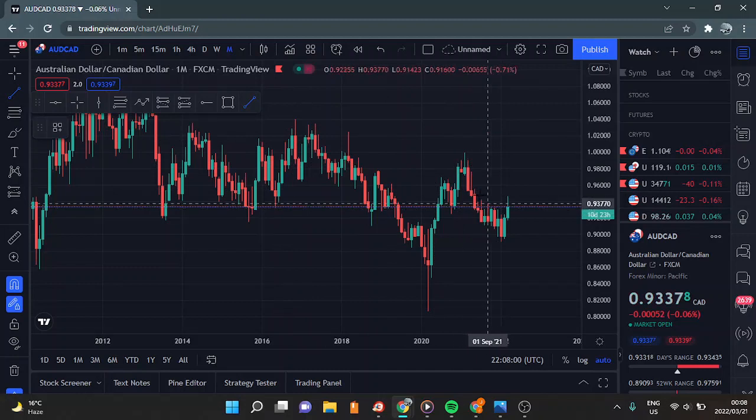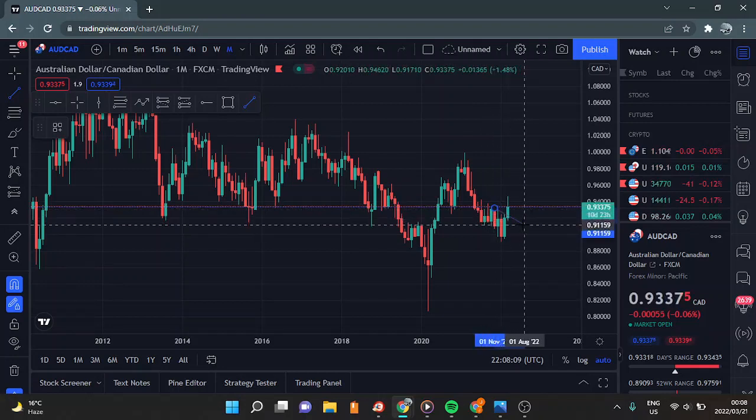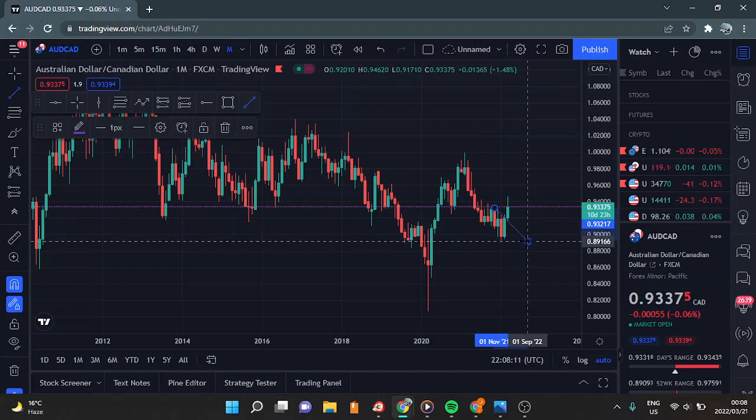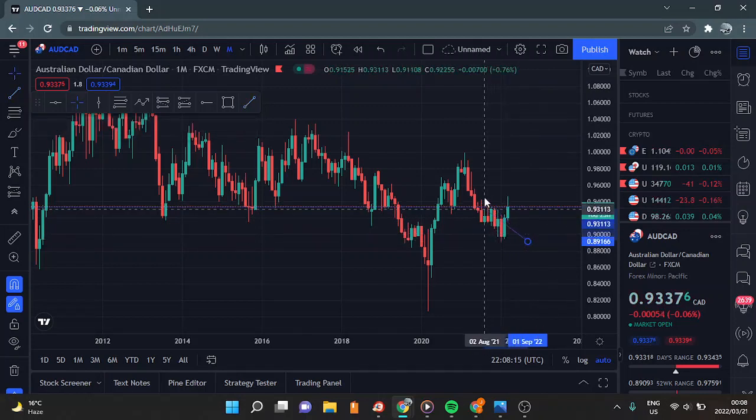I usually like to study or analyze on a clean chart so that I can spot any changes that I come across, and in order for my analysis to be accurate. So this is how I start, which indicates the market.